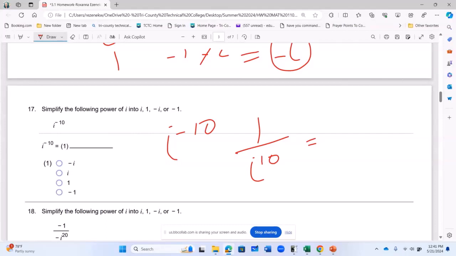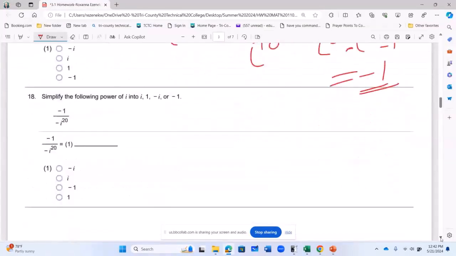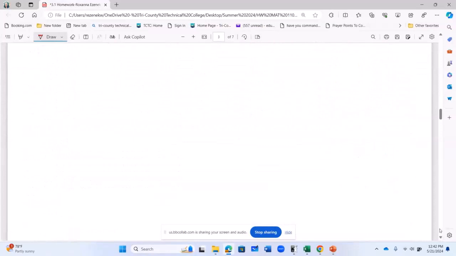Then I can change it into 1 over i to the power 8, which is a factor of 4, times i to the power 2. i to the power 2 is negative 1, so I actually have 1 over negative 1, so the answer is negative 1. All right, the same way is how you're going to do the other ones.